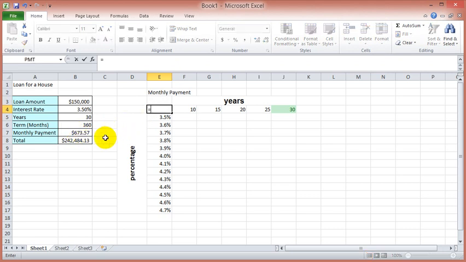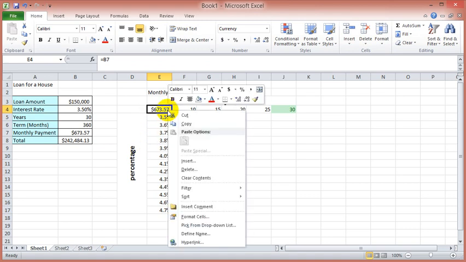So we'll say equals the formula, but we don't want this to be shown. We want it to just say monthly payment or percentage or something. So instead of that, we'll have the information. We're not going to override it, we're just going to put something on top of it.